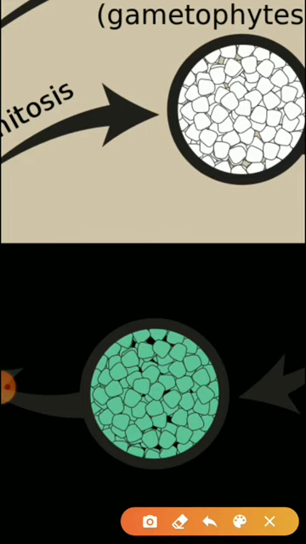Spore formation is found in algae, fungi, bryophytes and pteridophytes and also in protozoans. These spores may be thin-walled or thick-walled, or motile or non-motile.